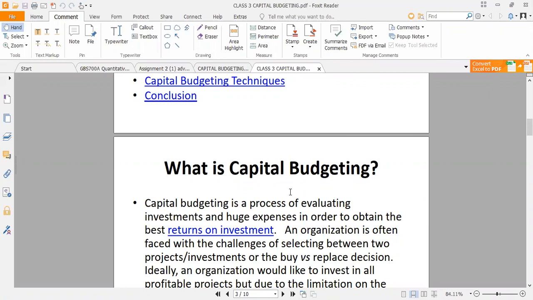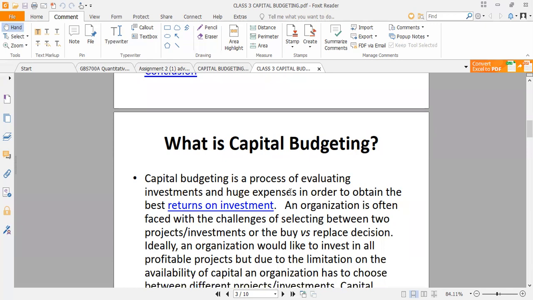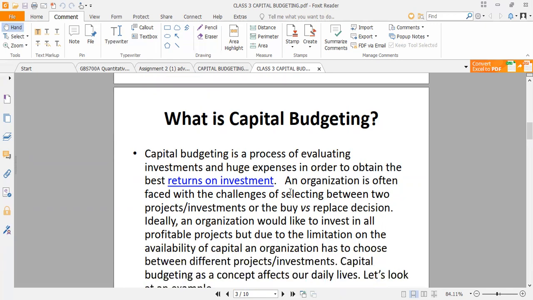An organization would like to invest in all profitable projects, but due to the limitation of the availability of capital, an organization has to choose between the different projects or investments.